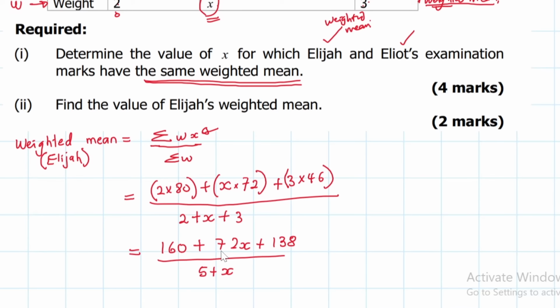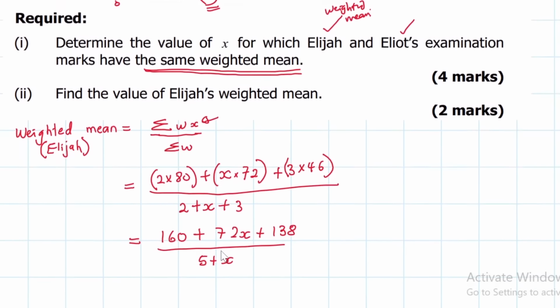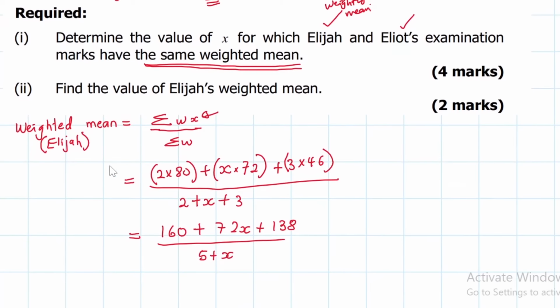So what we have there as our final thing is 298, when we add 160 plus 138, plus 72x, divided by 5 plus x. That is as far as Elijah is concerned.